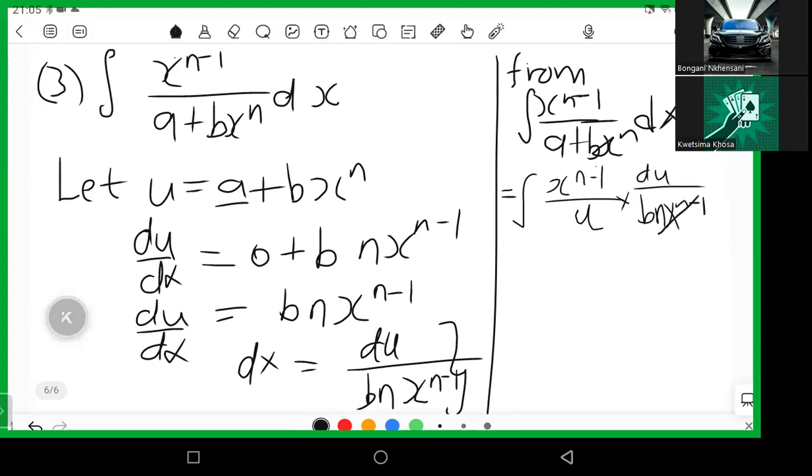Then this will cancel out with that. Then now we'll have our constant 1 over bn, times the integral of 1 over u du.